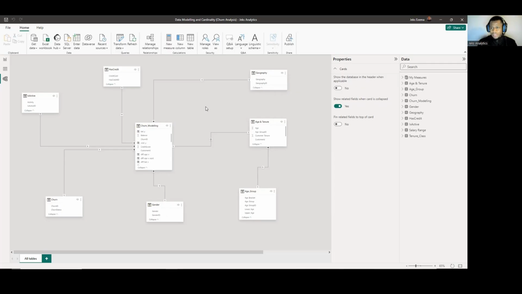Now, another thing that we'll look at is the direction. It's very, very important. The direction is always towards the fact table. So if I get any data model, I don't need to ask you where the fact table is.